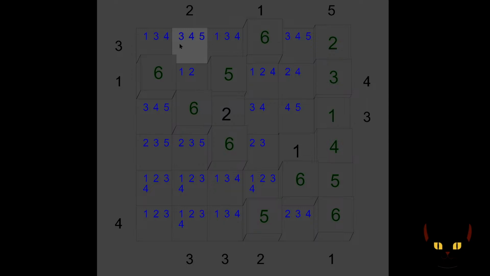This is 1 and 4, and then go 4, 3, 1 doesn't work. 1, 3, 4 also doesn't work. Three. 4 and 5.